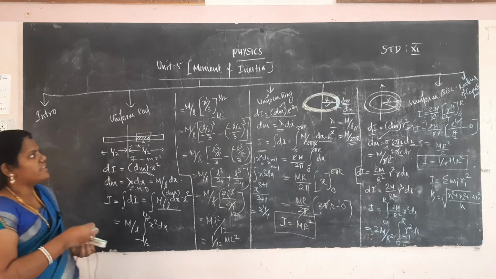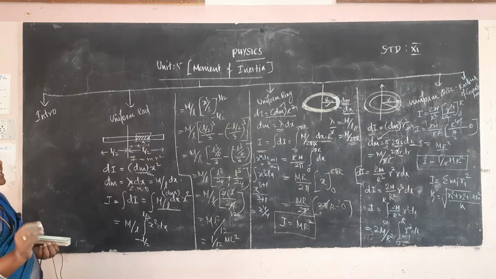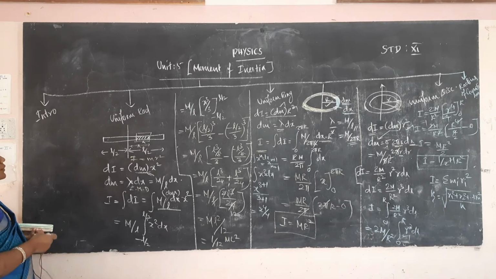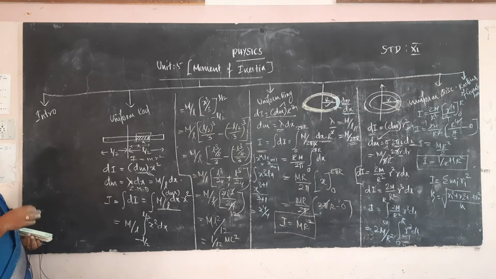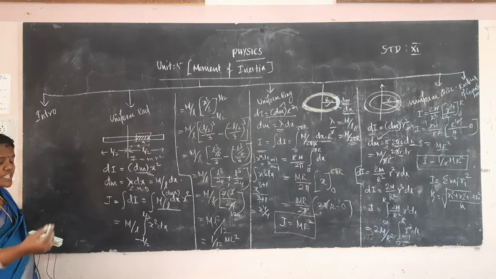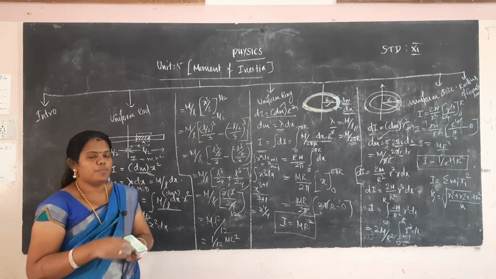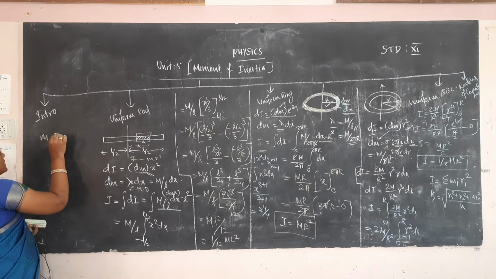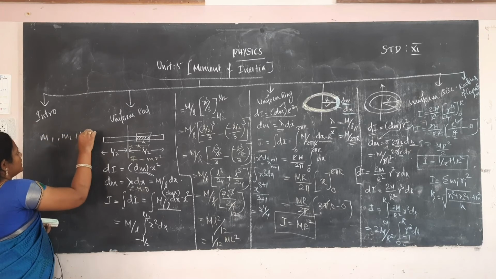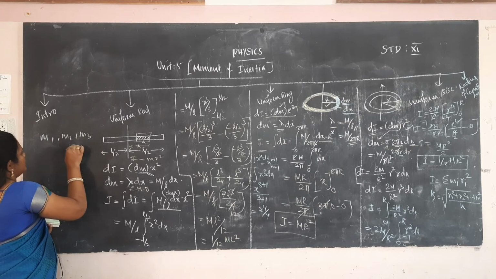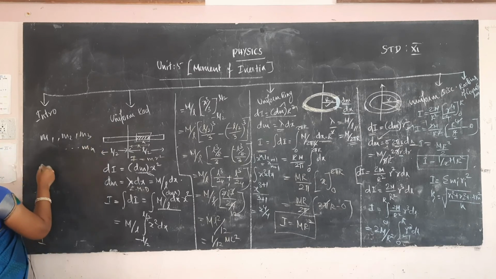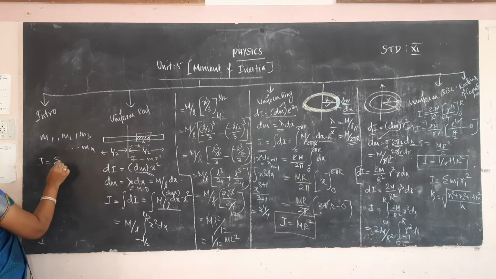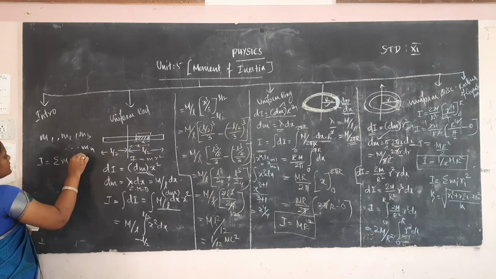How will you calculate the radius of gyration? Suppose we want to calculate the moment of inertia of an irregular object. The object has a lot of particles, m1, m2, m3, up to mn. So the moment of inertia I is equal to the summation of mi ri square.